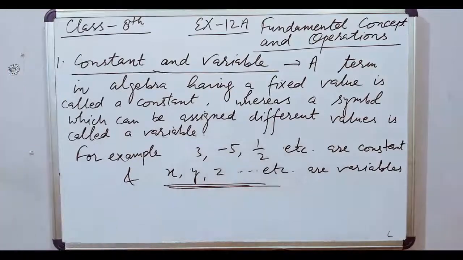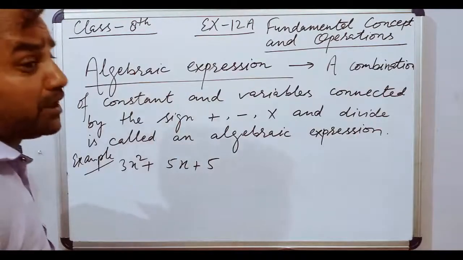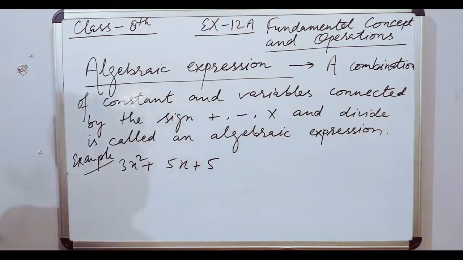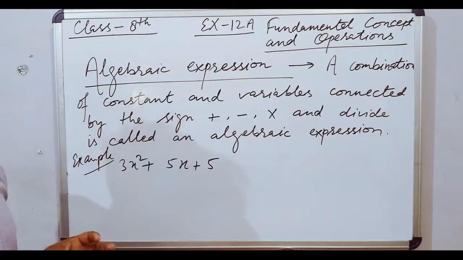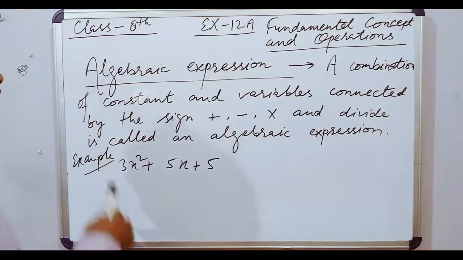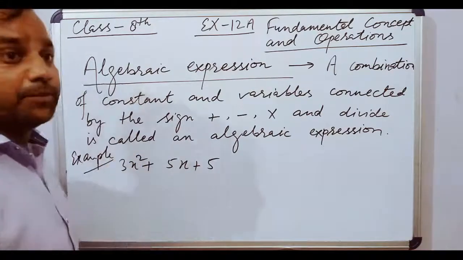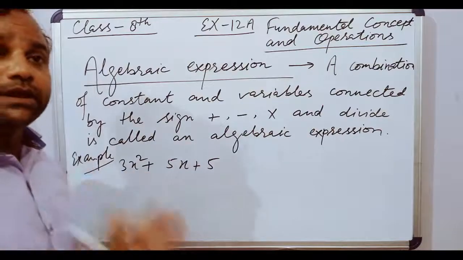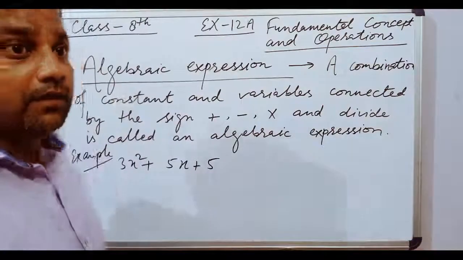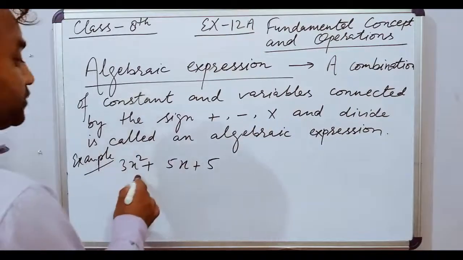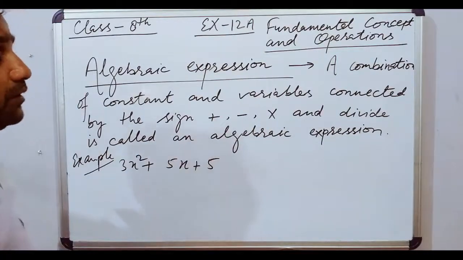Okay. Algebraic expression. What is an algebraic expression? A combination of constants and variables connected by the signs plus, minus, division or multiplication is called an algebraic expression. For example, 3x minus 5y plus x square, or 3x square plus 5x plus 5.